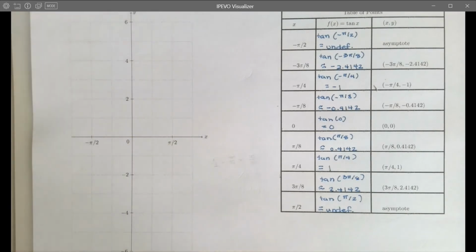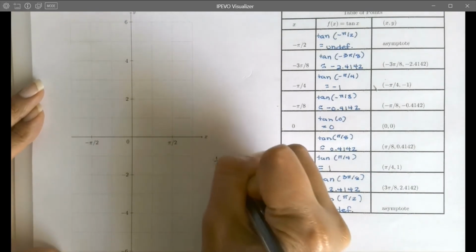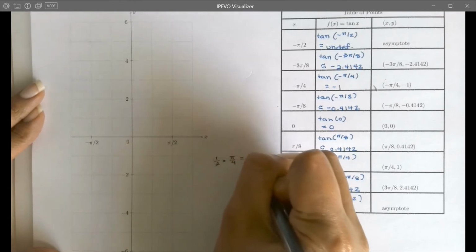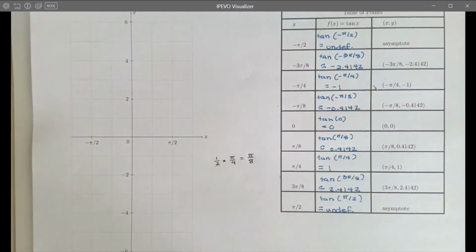To identify that, let's think about where is pi over 4. Half of pi over 4 is pi over 8. So halfway between 0 and pi over 4, we'll find pi over 8.